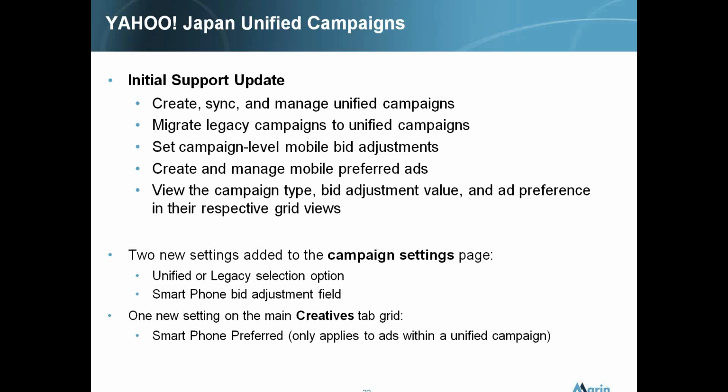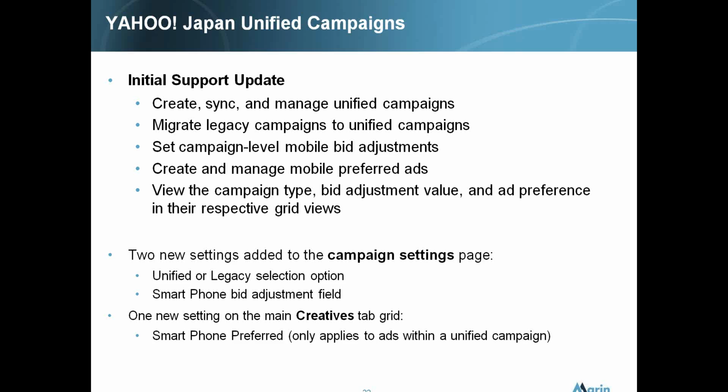We are supporting the migration to unified campaigns, very similar to enhanced campaigns for Google. So here's the list of initial support: the creation, sync, and management of unified campaigns, the migration of legacy campaigns to unified, campaign level settings, mobile preferred ads, and views, so very similar to enhanced campaigns.